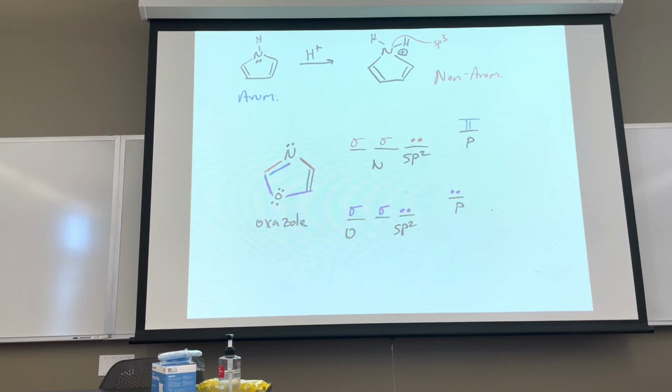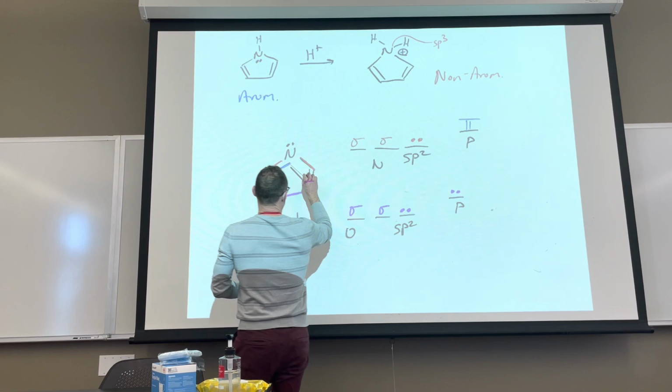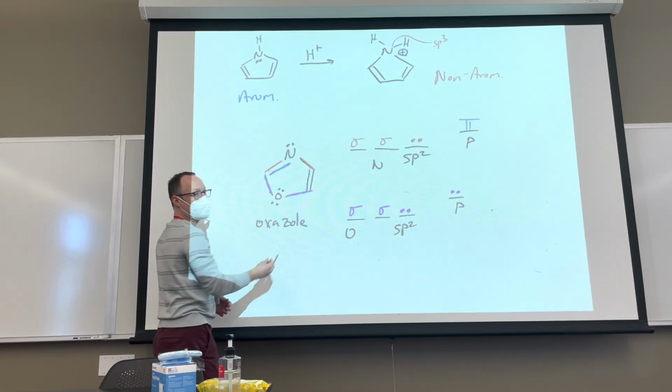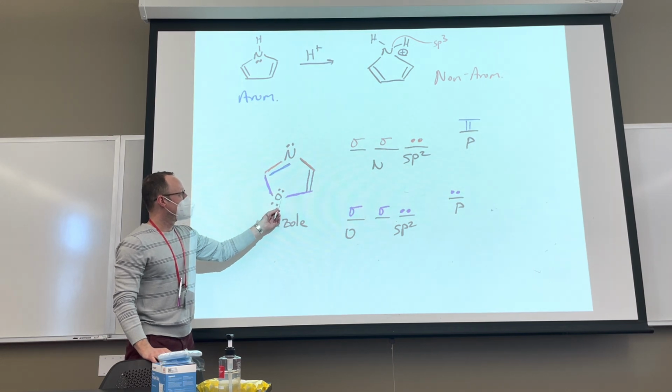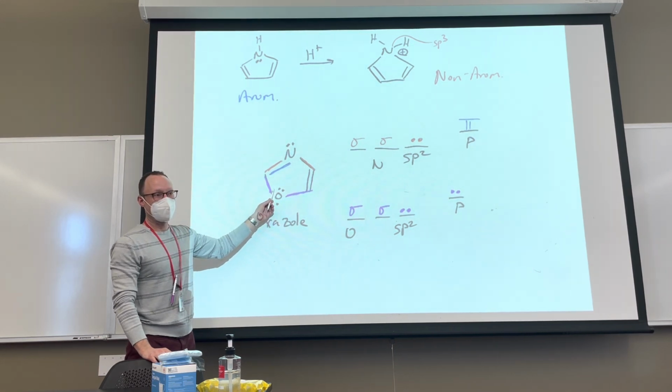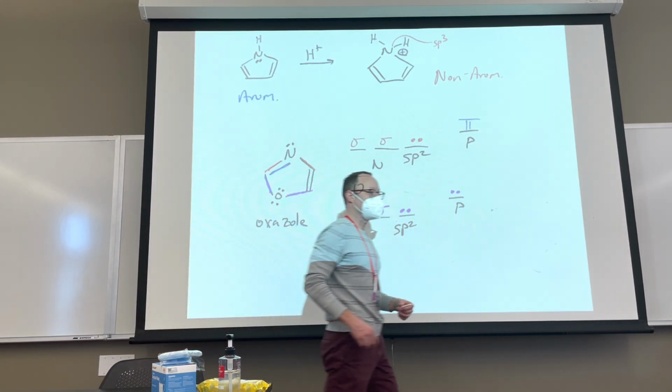So when counting up pi electrons, you have 2, 4 from the pi bonds, and then 1 of the oxygen lone pairs, for a total of 6. 6 pi electrons, aromatic heterocycle.